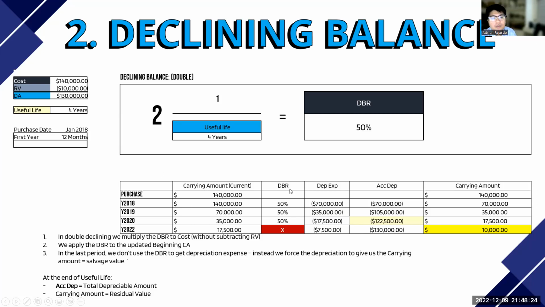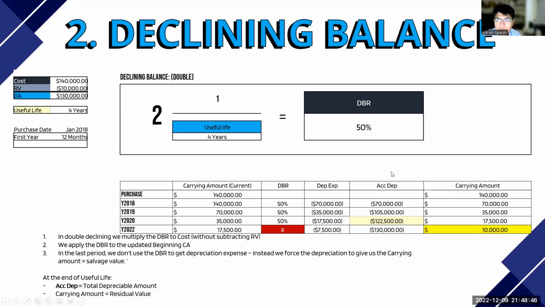Okay? So that's the most common. Pero regardless, kahit wala tayong pake sa depreciable amount, through magic, because we force this, the ACDEP of 130 at the end of the useful life will still be equal to the depreciable amount. And the carrying amount of 10,000 will be equal to the residual value of 10,000.